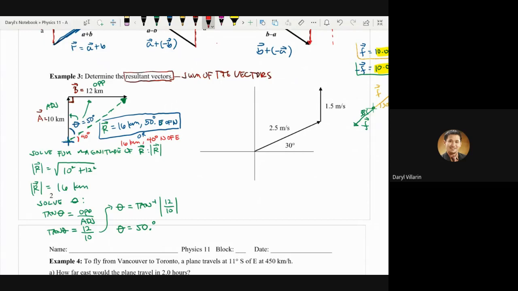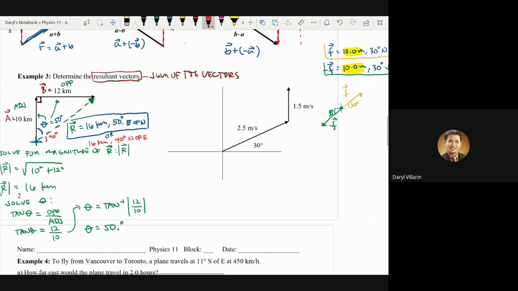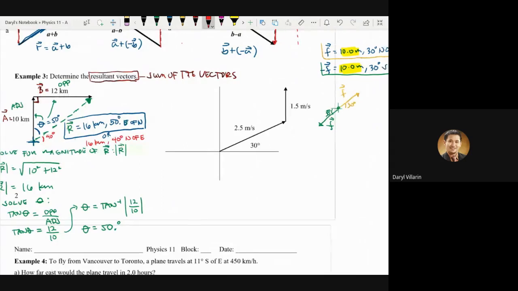There's none. So we proceed with the second one. With the second one, you have this vector here, 2.5 meters per second, 30 degrees north of east, and then you have 1.5 meters per second north.